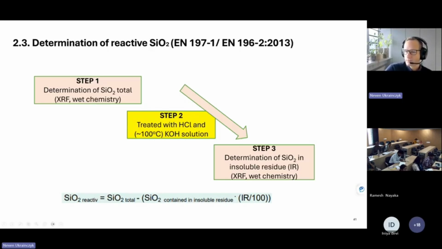And then you determine how much silica was dissolved in the solution, or the other way around, you can determine the amount of insoluble in the residue. If you use XRF, you focus on the solid, so you determine the insoluble residue, and then the difference is the reactive one.